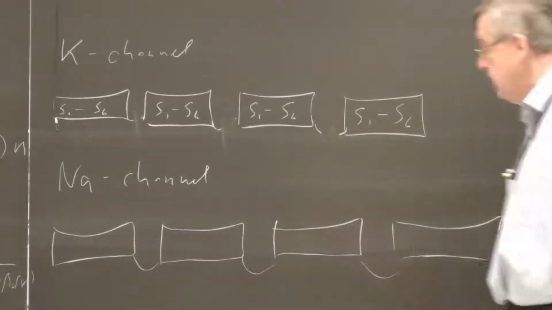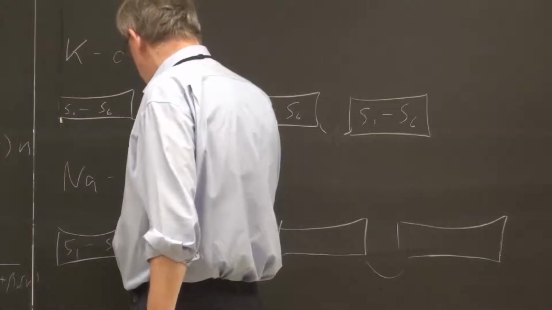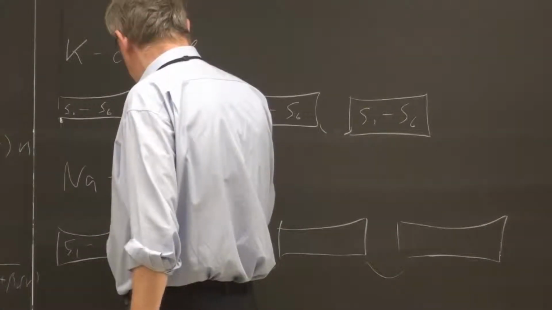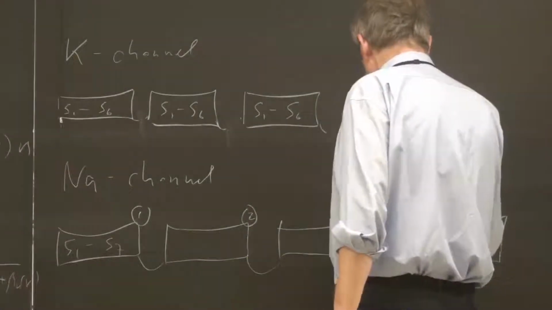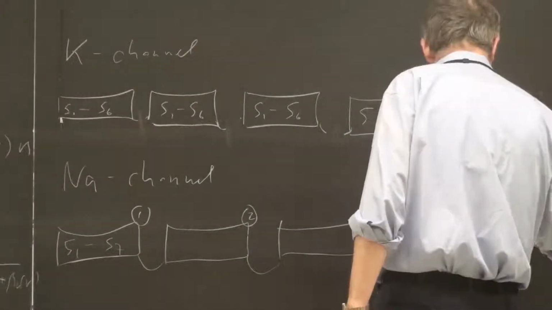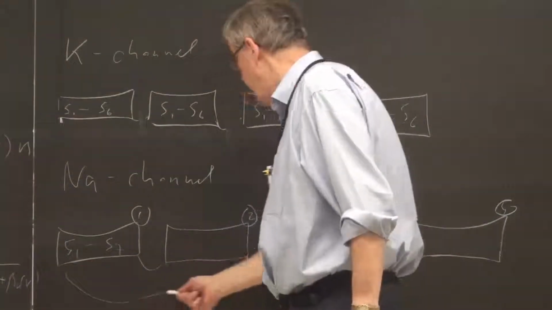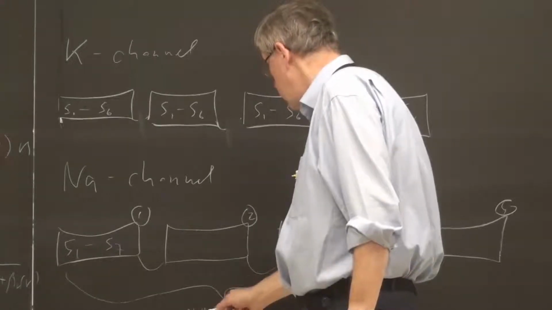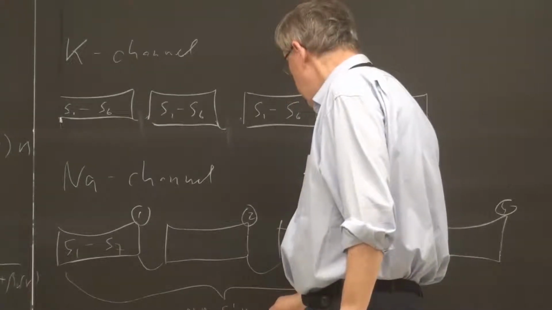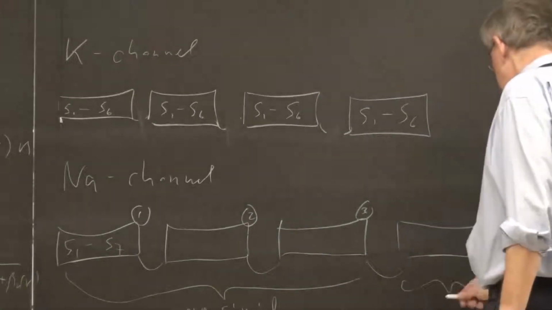And so here we have then more helices, so we go from S1 to S7. But here we have type 1. Here we have type 2. Here we have type 3. And here we have type 4. Except that these guys here are very similar. They're not identical, but they're very similar. And this one is different.